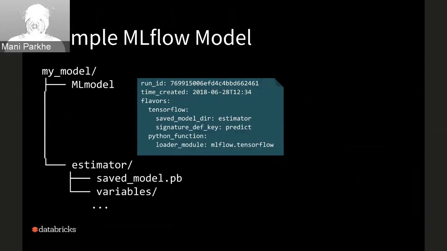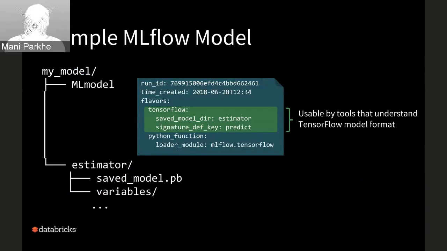First, it tells you some metadata about when this model was created, what the run was, and then it says that, okay, here we have this model written out in two different flavors. One is a TensorFlow flavor. That's a dictionary of things that any environment that can run a TensorFlow format would need to be able to deserialize this model and make it executable.